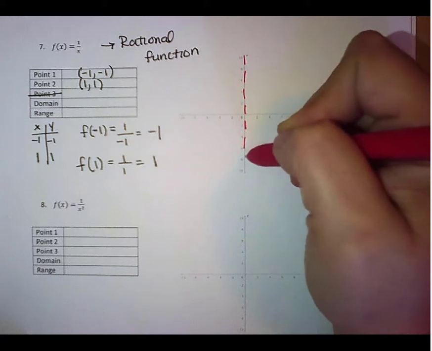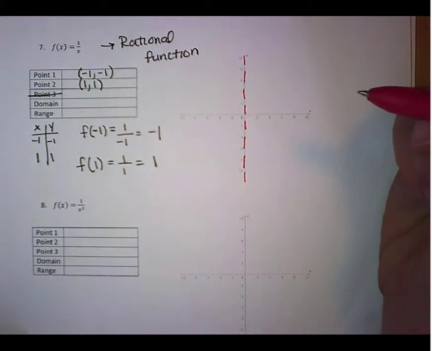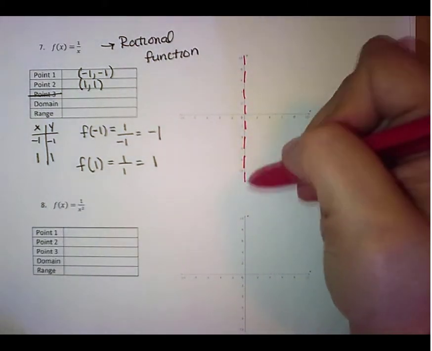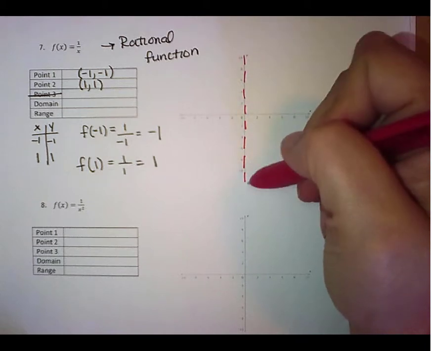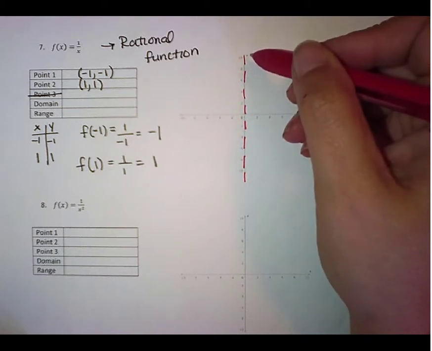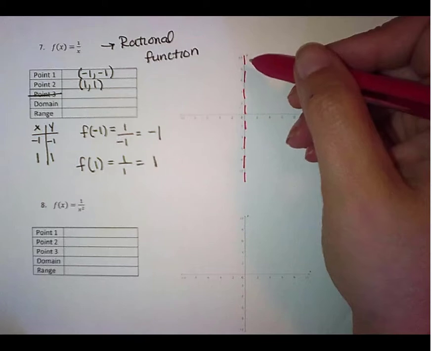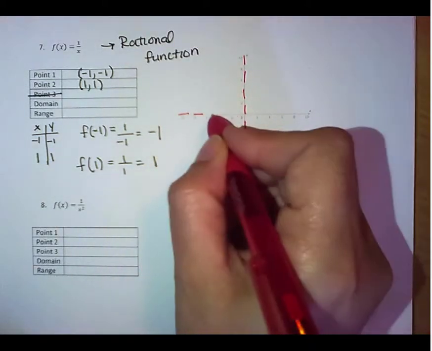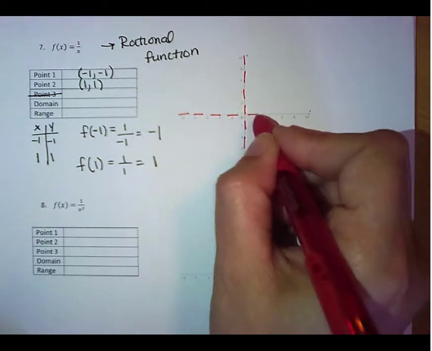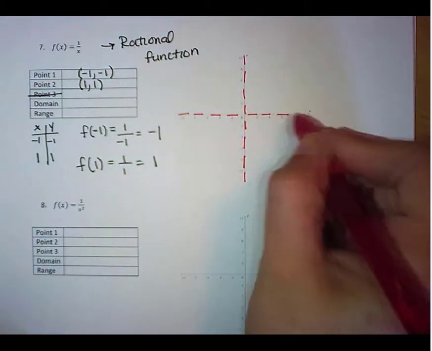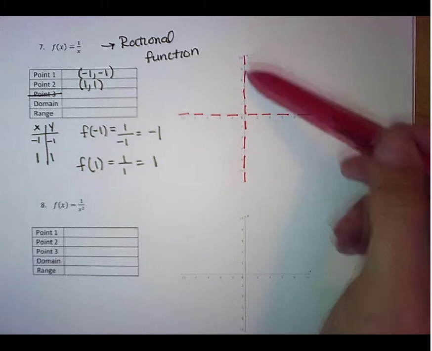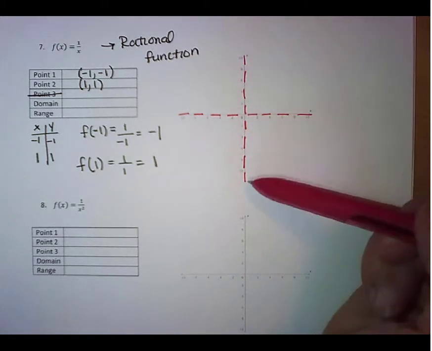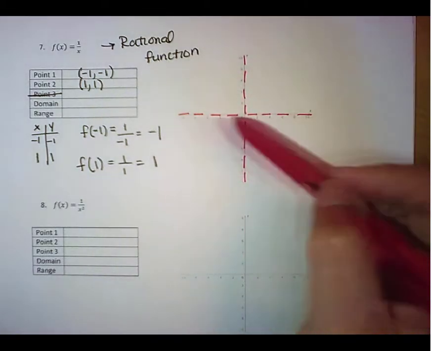Basically, an asymptote means that your graph cannot pass over this particular line. This is a vertical asymptote, since it is a vertical line. This also has what we call a horizontal asymptote, and that horizontal asymptote lies here on our x-axis. So our graph cannot pass over the x-axis or the y-axis.